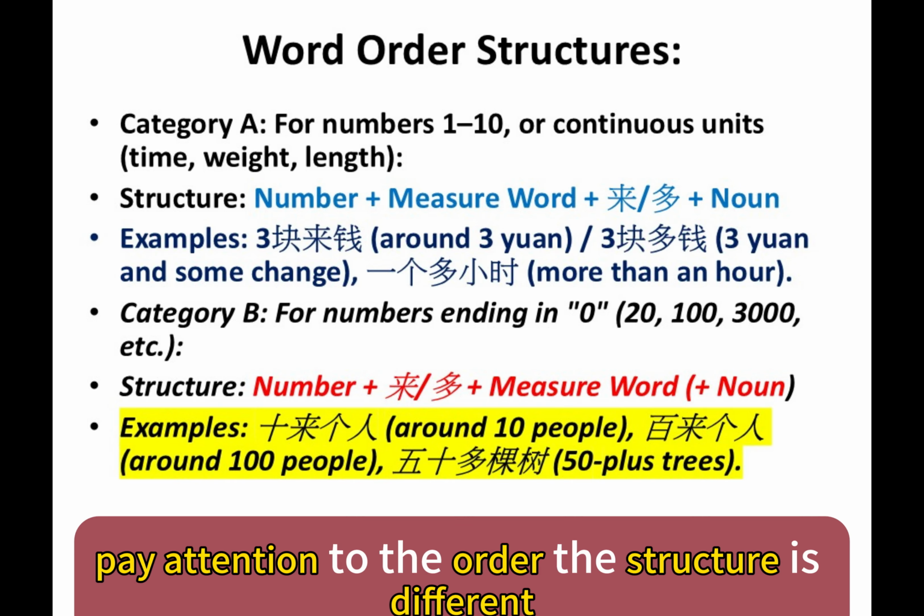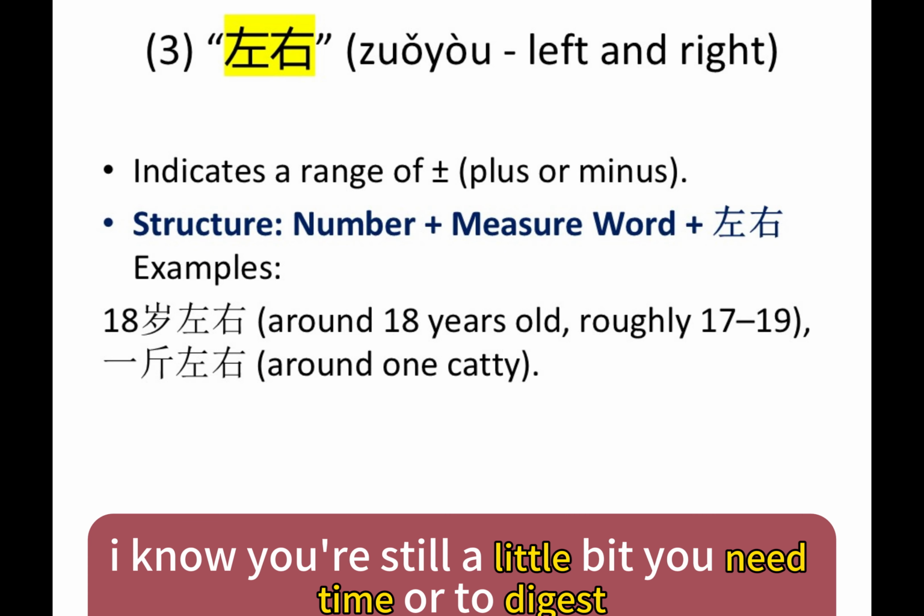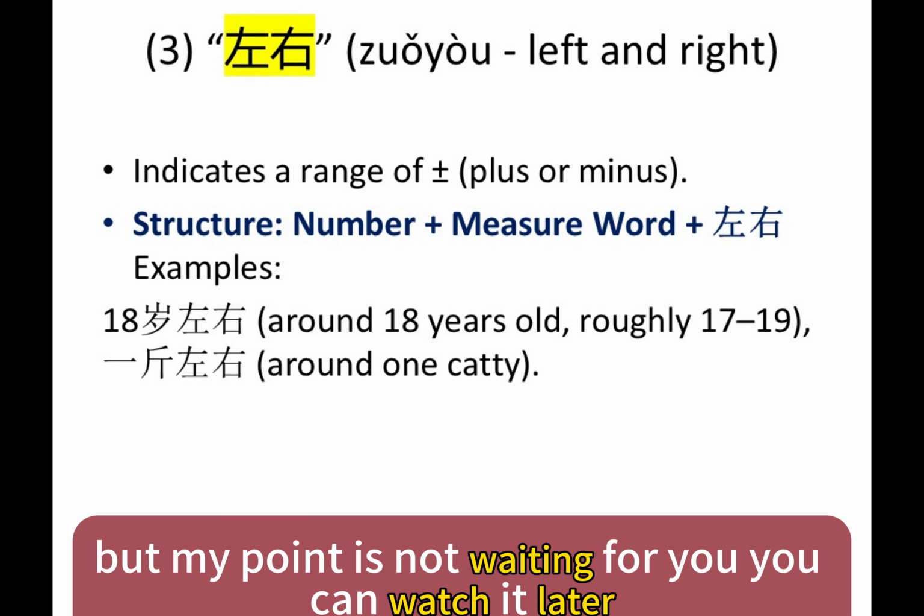Pay attention to the order. The structure is different. I know you still need more time to digest, but my point is not waiting for you. You can watch it later.